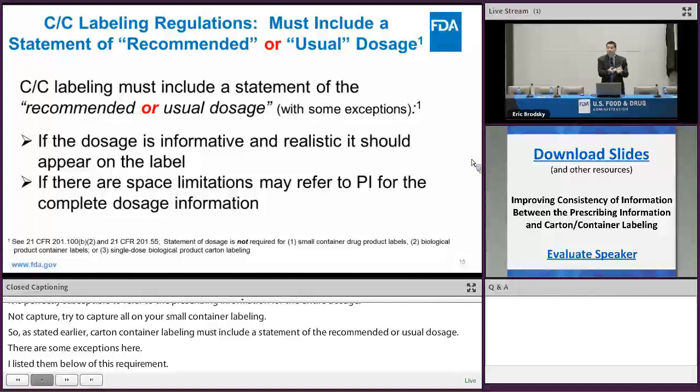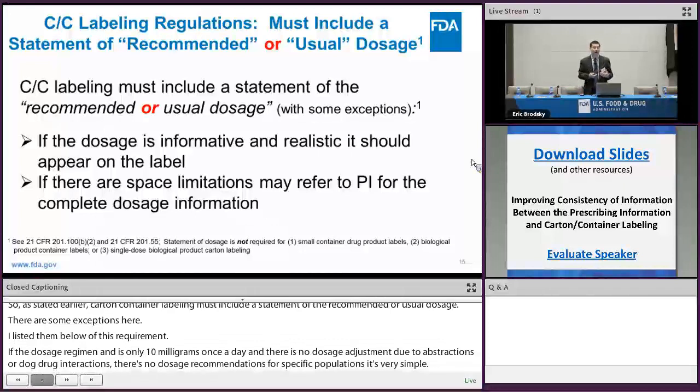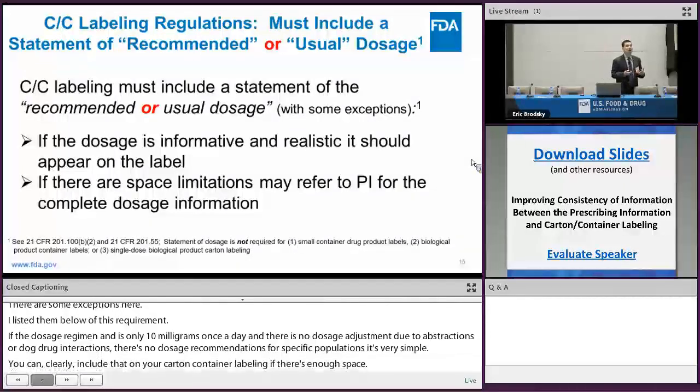You can clearly include that on your carton container labeling if there's enough space. That's the way to go. However, if it's complicated and there are space limitations, just refer to the prescribing information, and that's all. Don't provide any dosage.